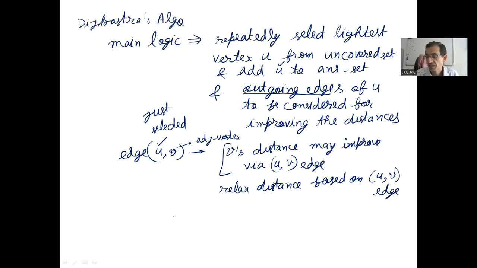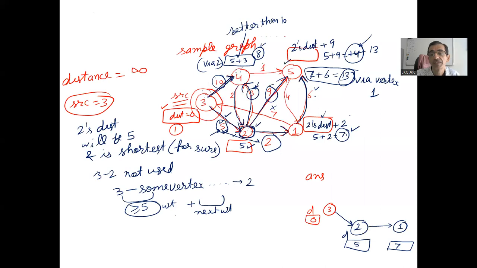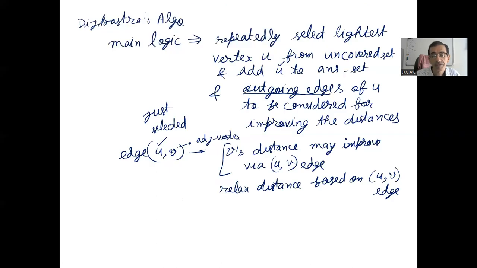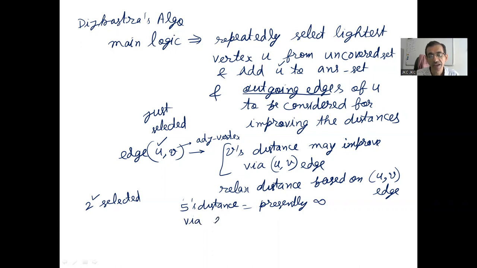As we could say, like earlier I said that the vertex 5, for example, above, when I said vertex 5's distance, like I said, once 2 was selected, so I said 5's distance earlier was at present, initially or presently infinity, and via 2, that is via edge 2, 5, it will become the 2's distance plus weight of edge 2, 5.